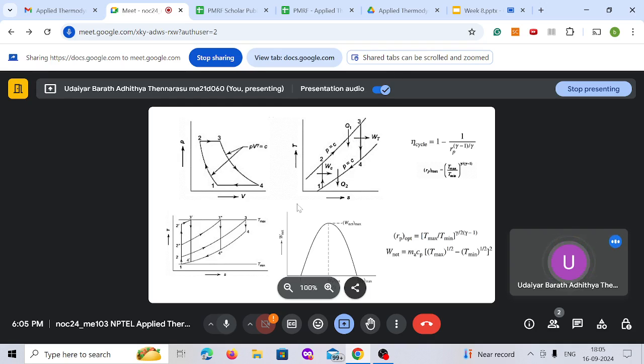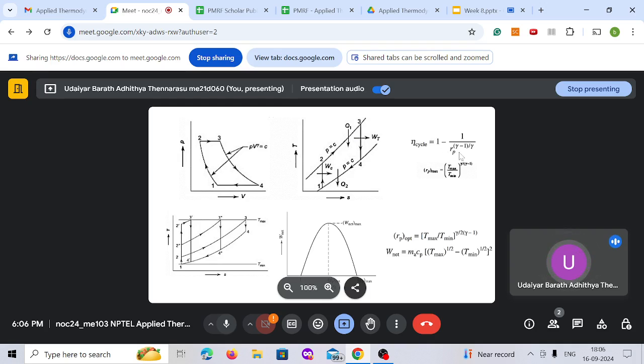Now from this efficiency formula you can see that when your pressure ratio is increasing, your cycle efficiency increases. That is one point to keep in mind.